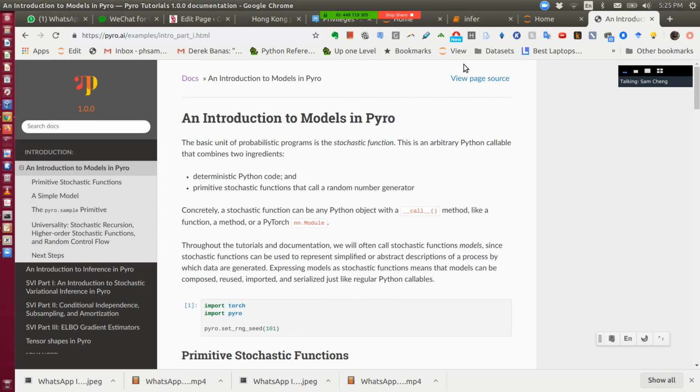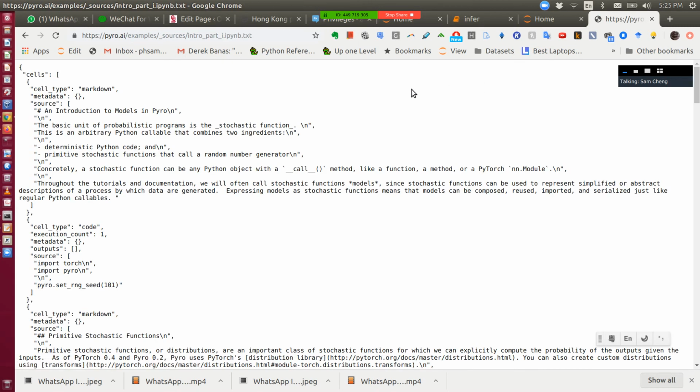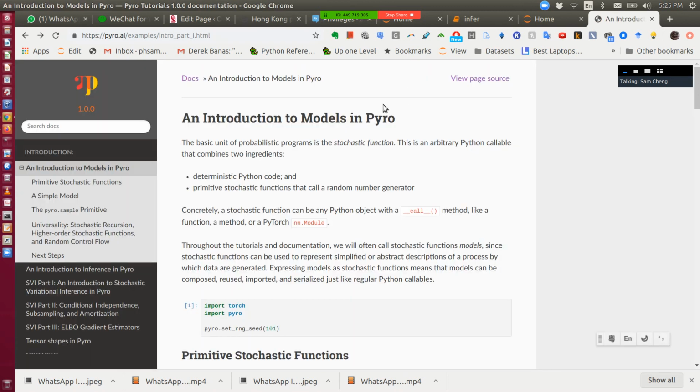There's the page source, so you can just save it as a Jupyter notebook. Then you can run it in the virtual environment. I would probably just use that as an example. You can change it maybe from 9.5 to 10 or something, then just run it again.